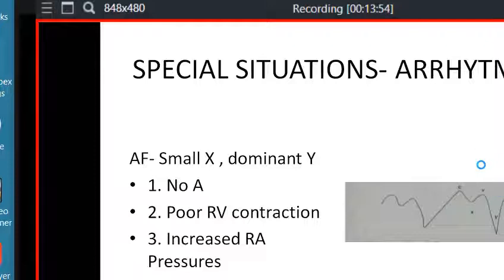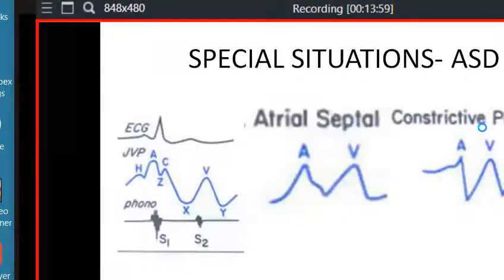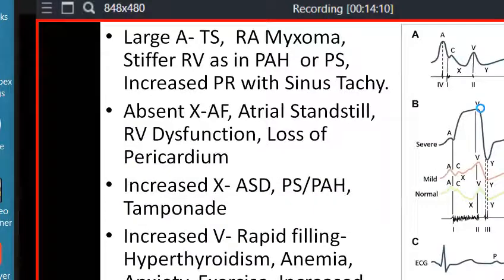As you can see, what happens, more the tricuspid regurgitation, more the systolic V wave, because the blood actually, instead of the RV, instead of the RA, is filling both from the venous side as well as from the ventricular side in systole. So you get this large systolic V waves and then a big descent. So you get waveforms similar to tricuspid regurgitation waveforms in atrial fibrillation.